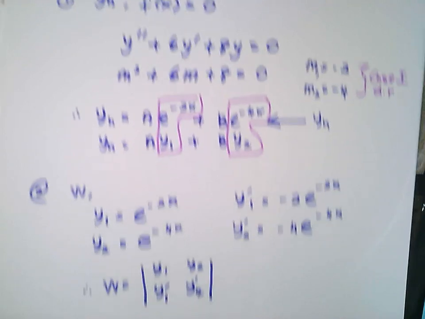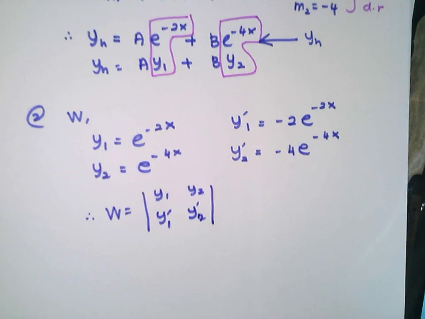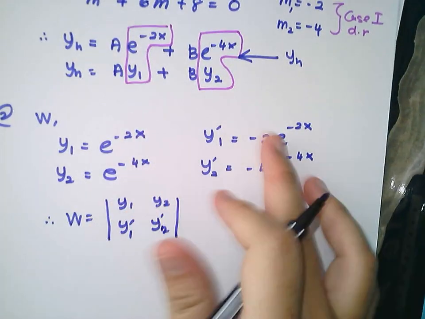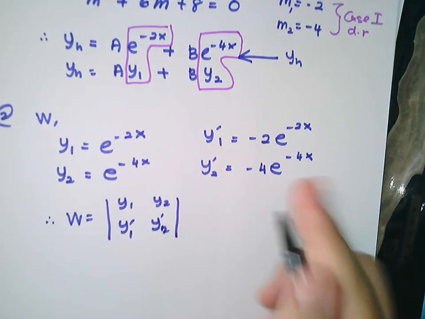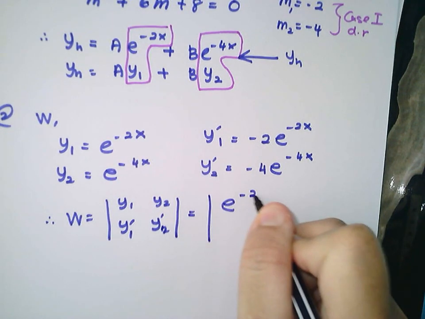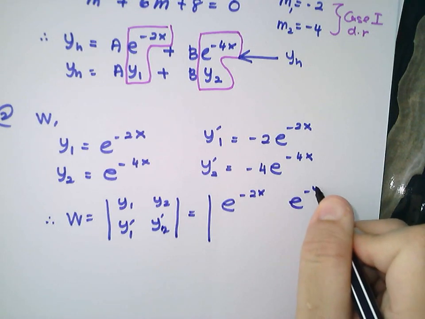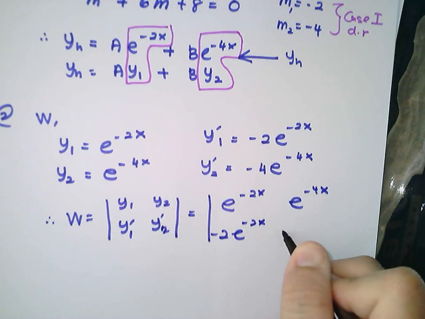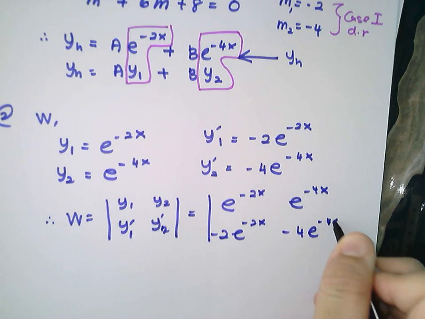Okay, this one. So substitute the functions that you already calculated here. So you will have W equals exponent negative 2x, exponent negative 4x, negative 2 exponent negative 2x, negative 4 exponent negative 4x.